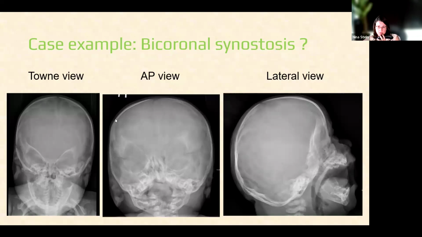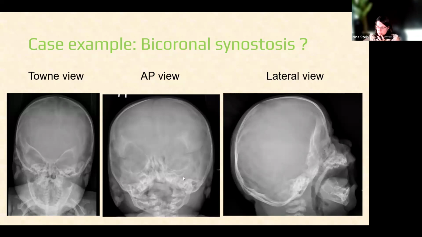So this is kind of like a brachycephalic shape. You have very poor visualization of the coronal sutures, but it looks like it might be here. Not 100% sure if they are partially fused or not. We see a nicely open sagittal and no obvious ridging or anything like that.